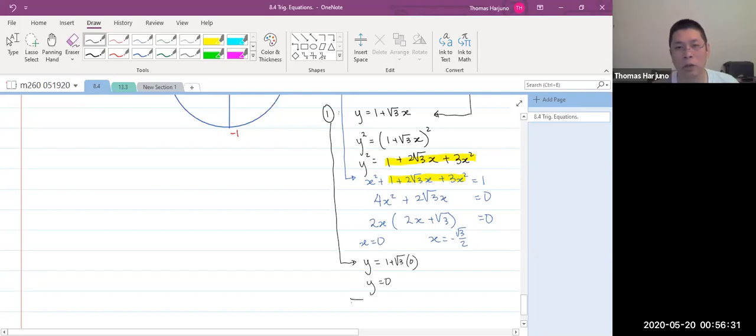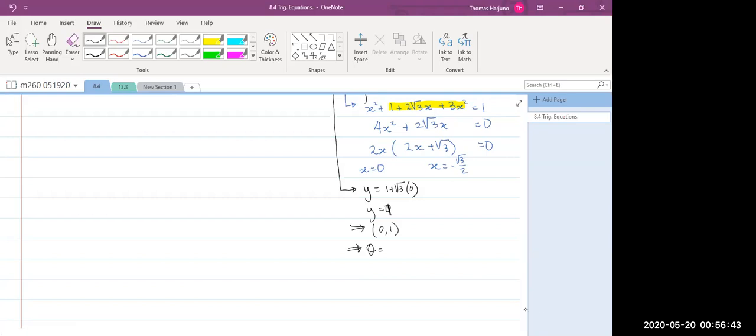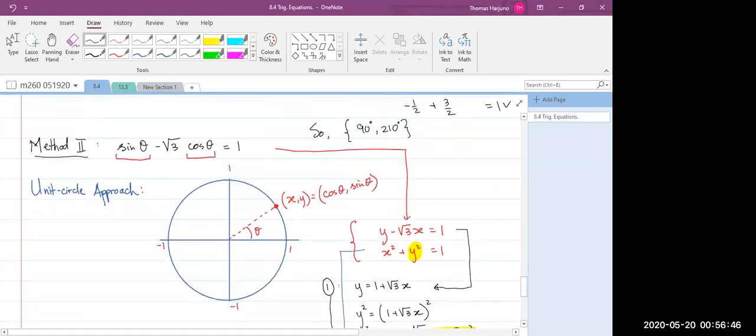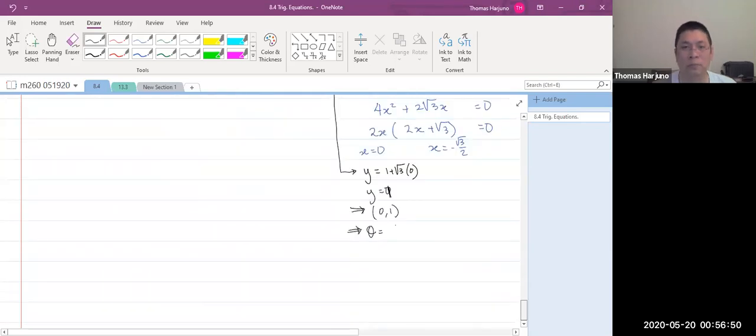So the coordinate associated with this is 0, 1, right? Now, 0, 1 corresponds to what angle? Not angle 0. 0, 1 is here. Angle 90 degrees.